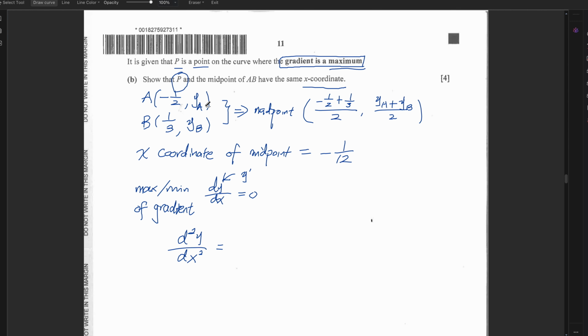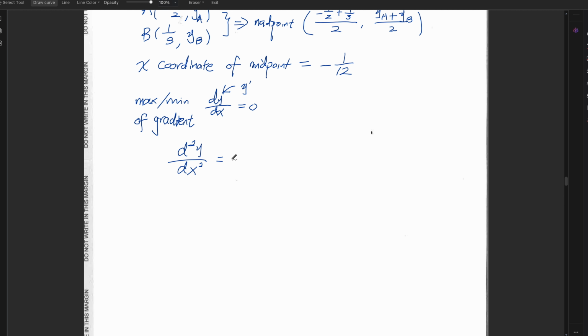Okay, so we have a negative 1 minus 12x as 1 minus x minus 6x squared. This is your y prime. Okay. When this one equals to 0, then you can have a maximum or minimum point of the gradient. Okay, therefore this will give me x equals to negative 1 over 12.